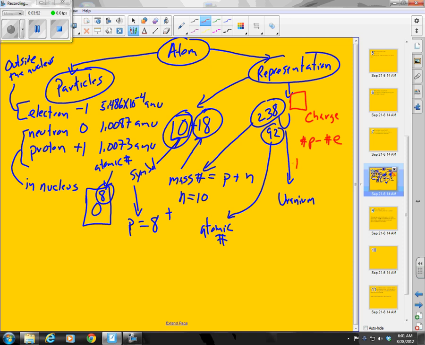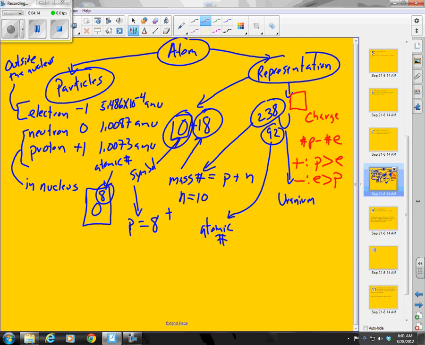So if I have a positive charge, that means I have more protons than electrons. If I have a negative charge, I have more electrons than protons. Good. And so that's kind of where we started, to give us an overview of the atom and its constituent parts and how we can interpret some symbols.